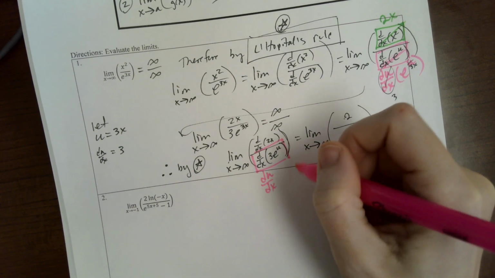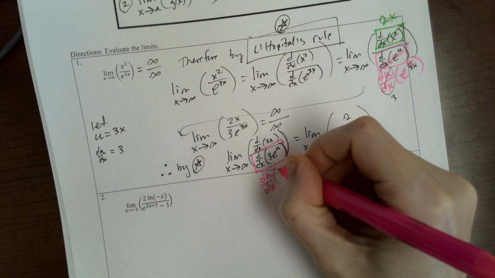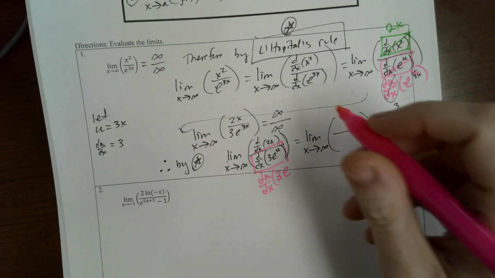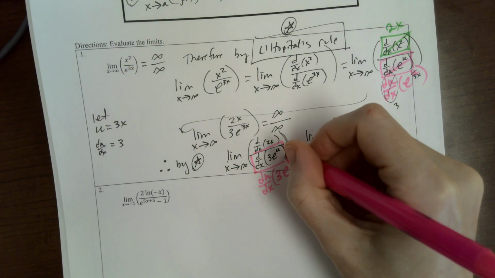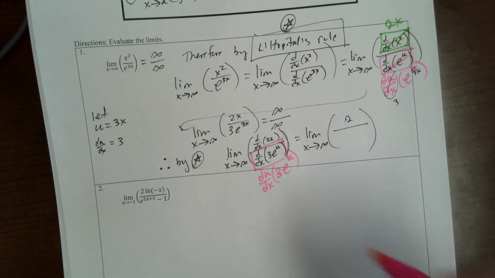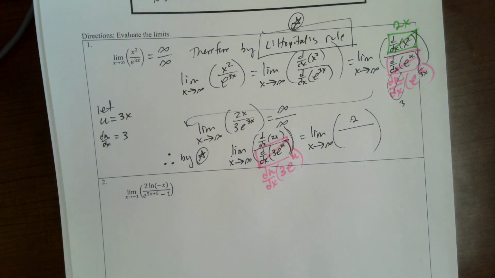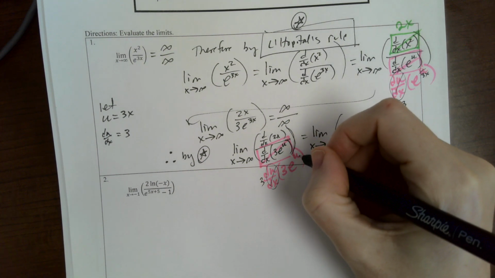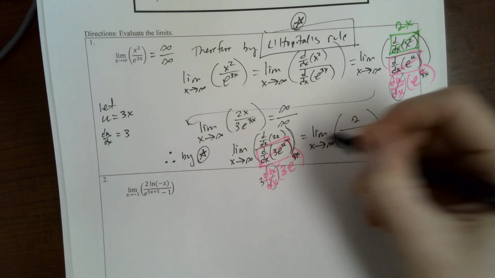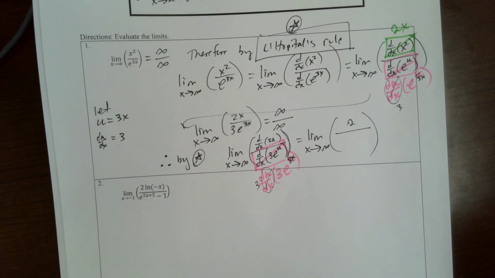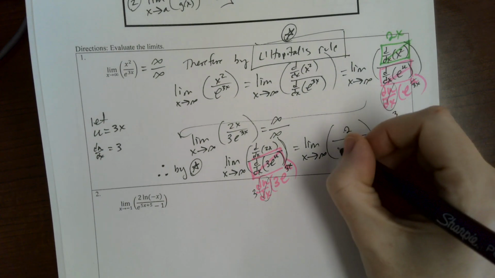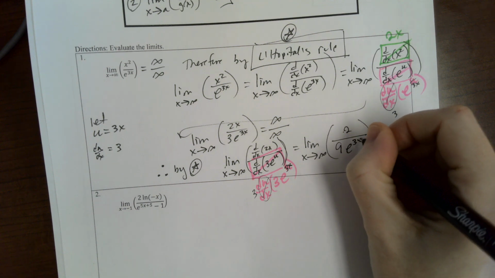So du dx times 3e to the u, or I'll just write it, 3e to the u. All right, so that's what that bottom derivative is. But remember that du dx is 3, and in for the u goes a 3x. Okay, so we're ending up with 3 times 3, so this is 9e to the 3x.